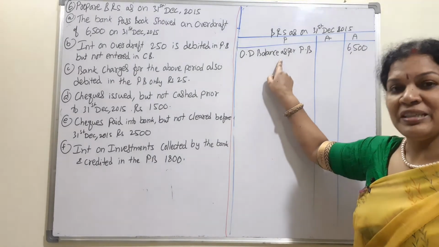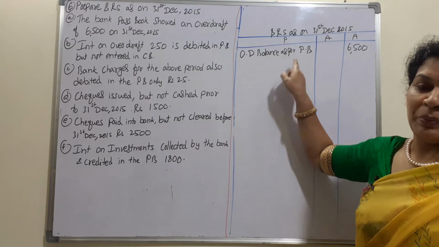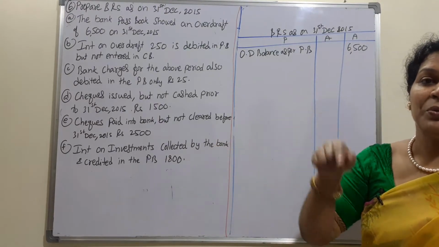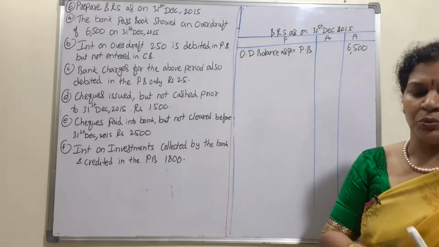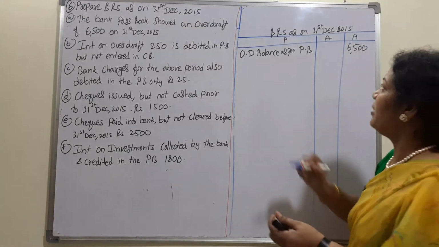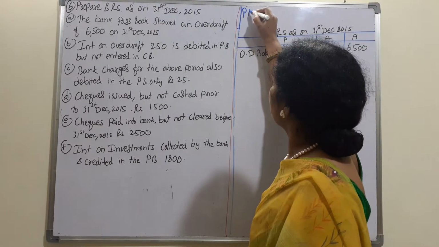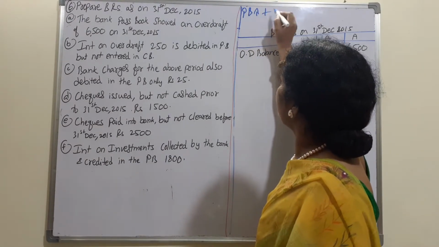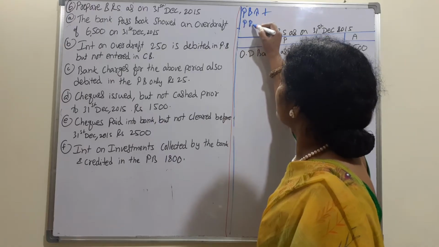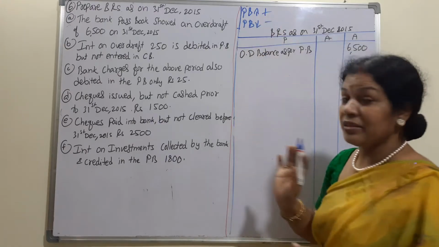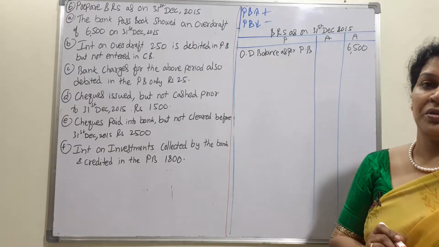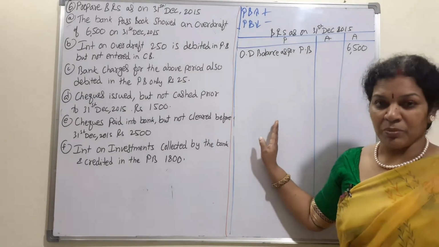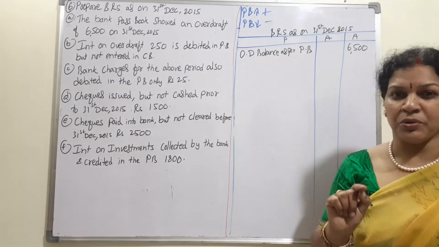Now the formula is here. We'll see the passbook only. Passbook is more, add. Passbook is less, deduct, because it is overdraft. On this basis we are going to work out. If it is a normal balance, then we would have taken the cash book.